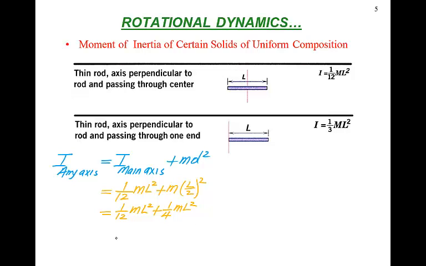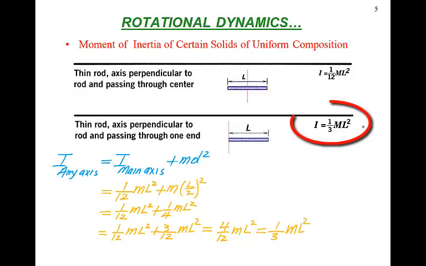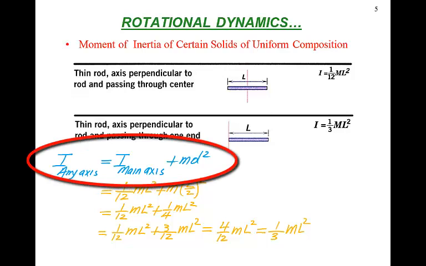The common denominator is 12, therefore it becomes 1 over 12 ml squared plus 3 over 12 ml squared. This is going to equal 4 over 12 ml squared, which is 1 over 3 ml squared, and that's exactly how the moment of inertia about an axis that is passing through one extreme end is derived. Remember that this equation applies for all other shapes.